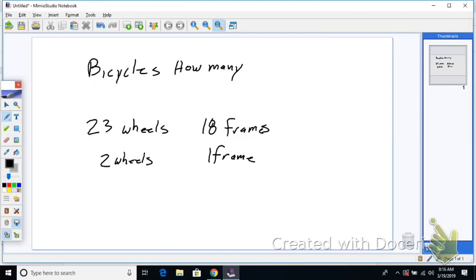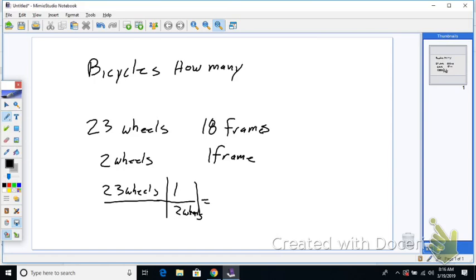So what you do, now this is something you've probably figured out in your head. Some of you said the answer. But you go 23 wheels. And then you go, there's 2 wheels that are needed to make 1 bike, right?